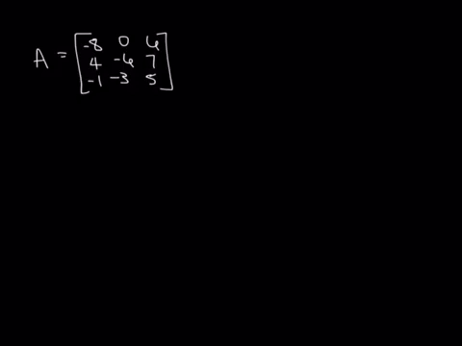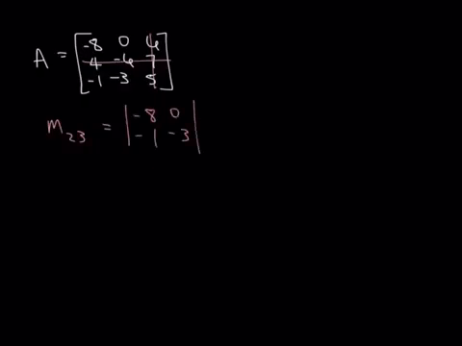Okay, let's do another one. Let's do the minor of row 2, column 3. Again, we cross out row 2, we cross out column 3, and we write what's left.